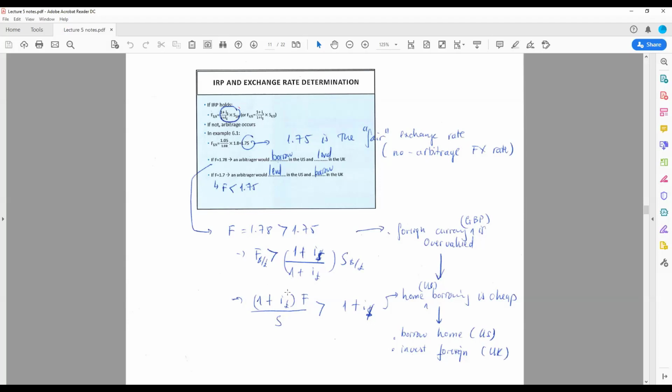If I rearrange this equation into 1 plus interest rate in the domestic country on one side, and 1 plus interest rate in the foreign country on the other side, I will end up with this.